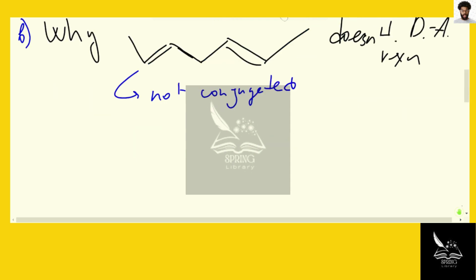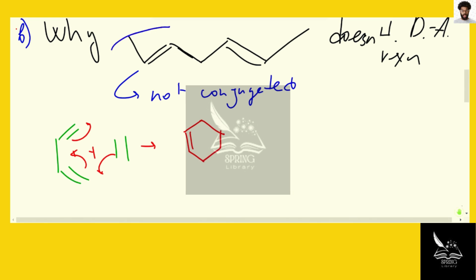Therefore, the Diels-Alder reaction requires a possible conjugation between two double bonds, as shown on the screen. But in the case of the given diene, this conjugation is impossible. So therefore, it doesn't undergo Diels-Alder reaction.